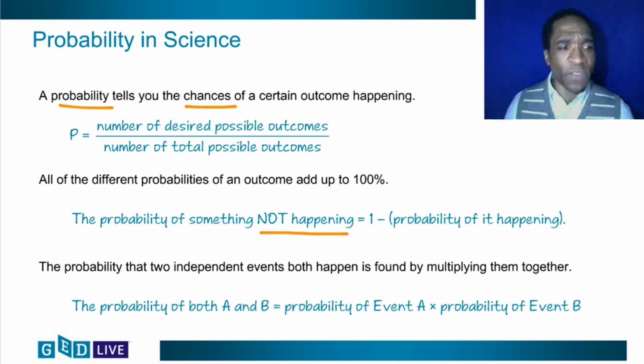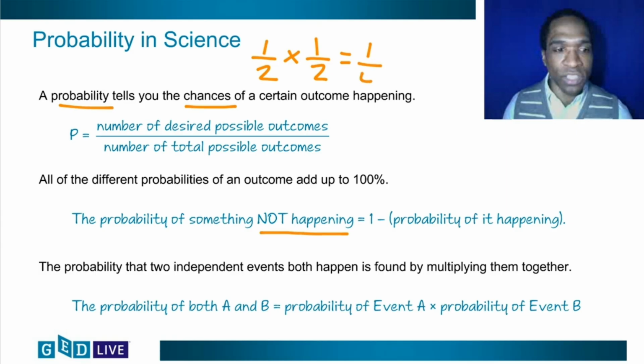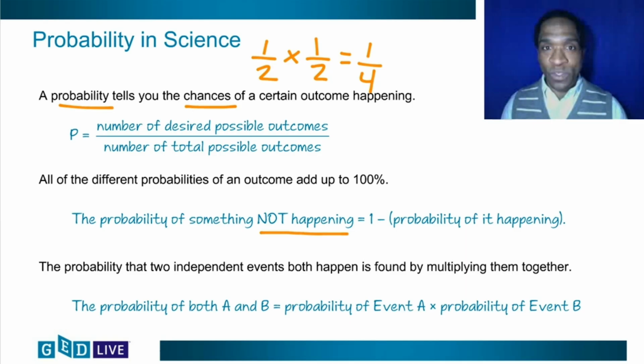So it's 50% and 50%, or half and a half, because a half is a 50%. To put this together, the probability of both rain and wind, we'd multiply. And the outcome would be 1 times 1 is 1 over 2 times 2, which is 4. So 50% chance of rain, 50% chance of wind, together, the chance is 25% both wind and rain.